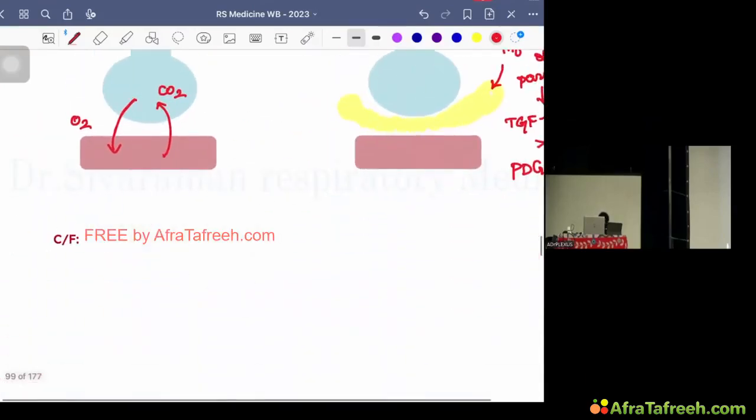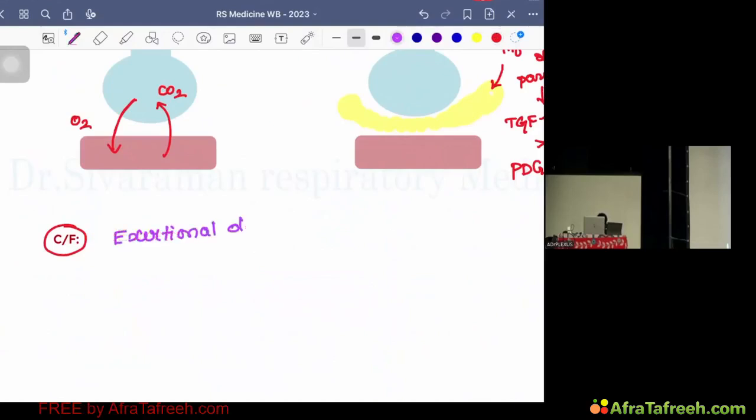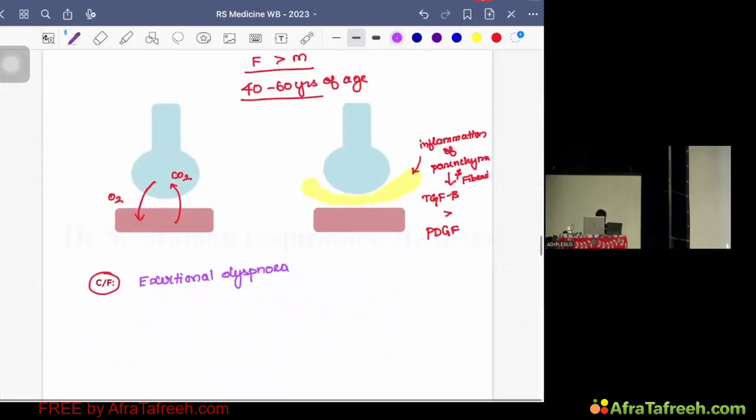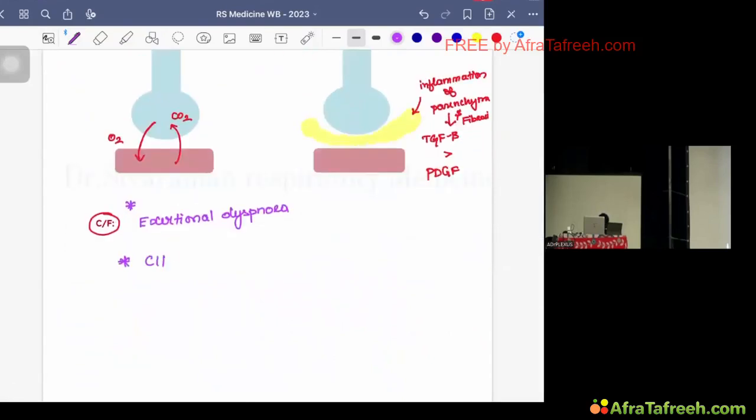The clinical feature will predominantly be exertional dyspnea. The next thing is the patient is going to have chronic dry cough.